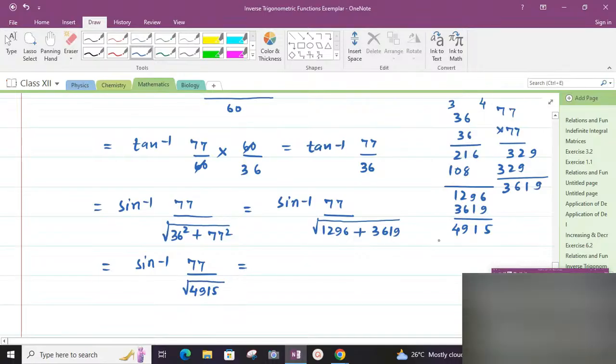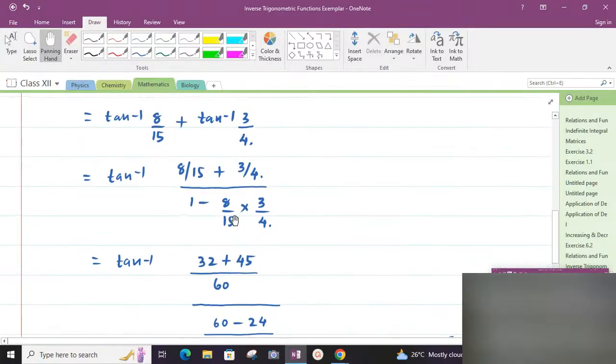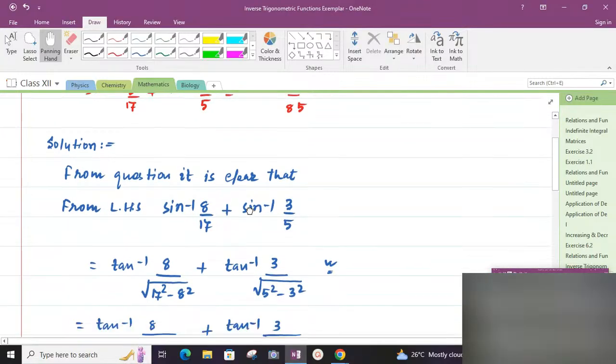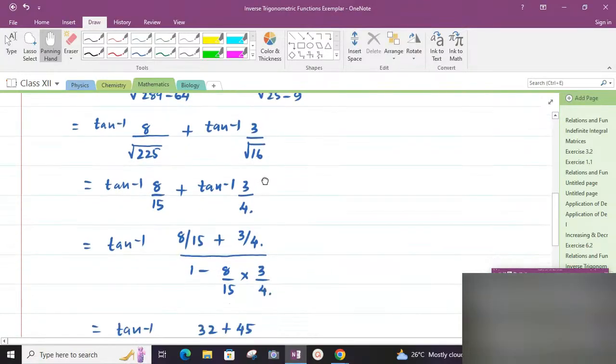Now we find out the square root of this one, then here will be sine inverse 77 by, let's see, this one will be 85.